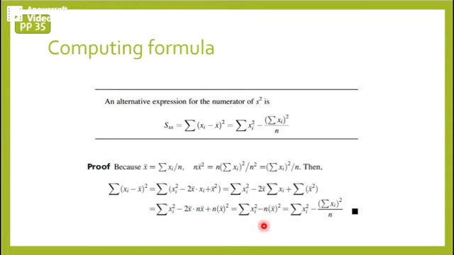And this term stays the same. And then at the top, we defined this quantity to be the sum of the observations squared divided by n. And that's what we substitute in. And then that is my computing formula. And it is very important that you know this proof.